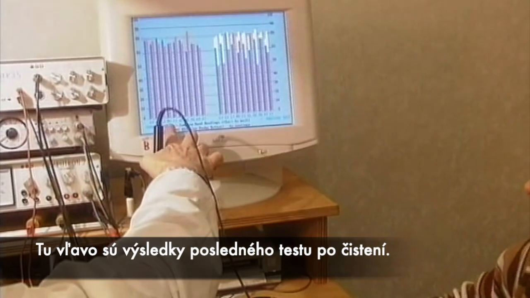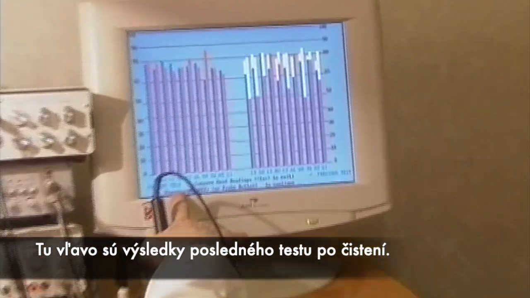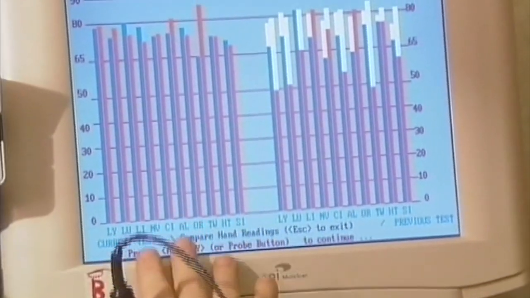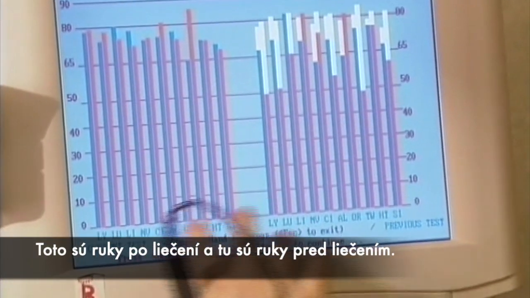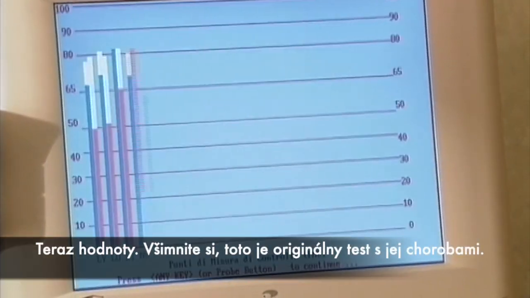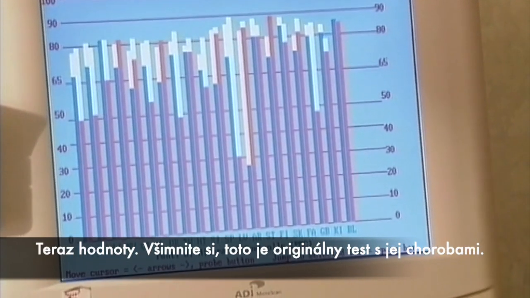Here on the left are the results of the latest test after the treatment. This is before the treatment. These are the hands. So these are the hands after the treatment. And here the hands before the treatment. Now for the values. See, this is the original test with her disease.